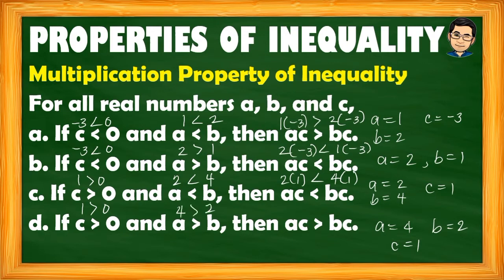Then, if we multiply 1 to both sides of the inequality, it becomes 4 times 1 is greater than 2 times 1. So 4 times 1 is 4, 2 times 1 is 2. Therefore, 4 is greater than 2. So that means everything we saw here is correct. So with counter examples, so you can better understand the multiplication property of inequality.